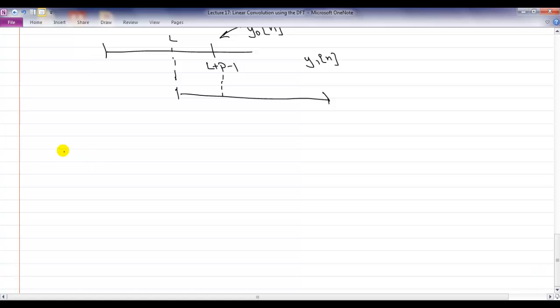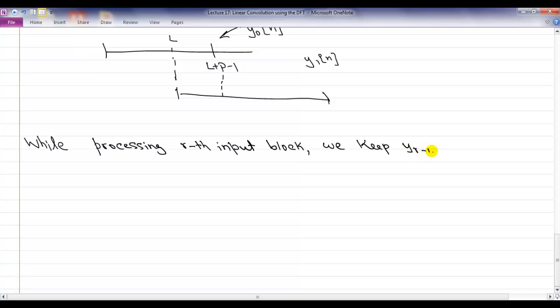So let's write down in words the overlap add method for the rth block. r is any integer between 0 and whatever you go up to until you run out of samples. So while processing the rth input block, we keep the previous output with us, we keep y[r-1][n] with us.